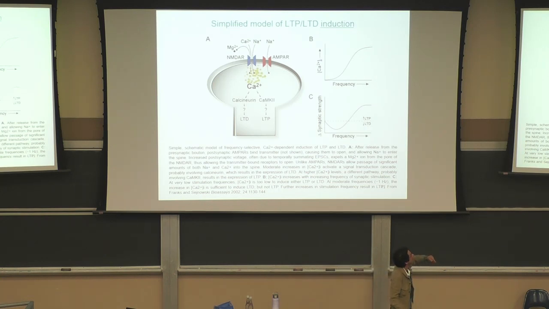Because if CAM kinase 2 had a very high binding affinity for calcium, then just a little calcium coming in would bind it, and it would cause a little potentiation. But the CAM kinase pathway has lower affinity for calcium, so it's only activated when there's a lot of calcium in there. So it's both, and they happen because they're differentially sensitive to calcium.